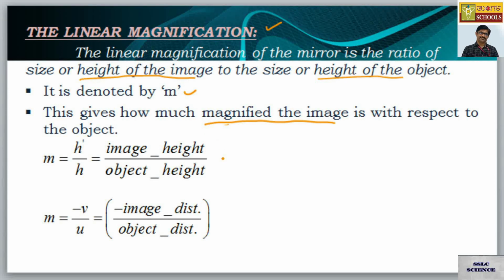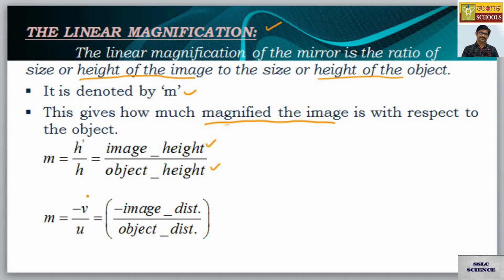So that is given by m is equal to h prime upon h, or h dash upon h, where h dash is the image height and h is the object height. That is the ratio of the height of the image to the height of the object.